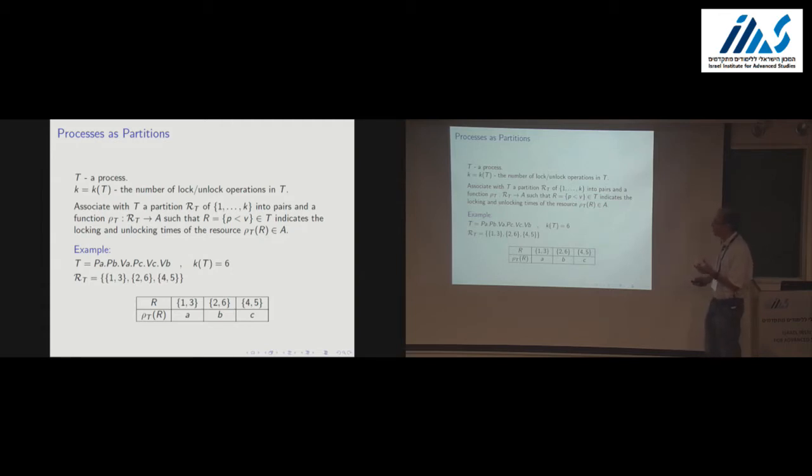So, for example, this process gives us this partition. So (1, 3) is the opening and closing of A, and (4, 5) is the opening and closing of C, and so on. And we label each pair by the resource that is being used in this interval.